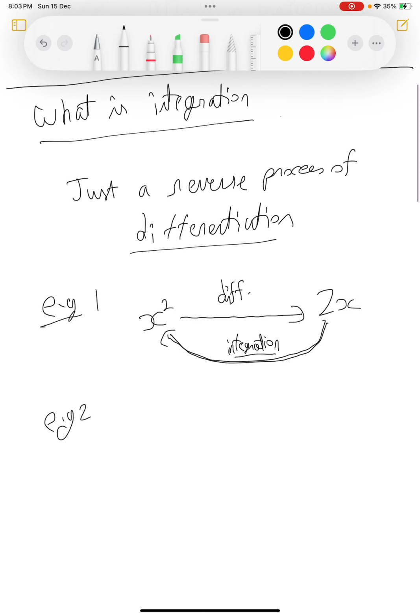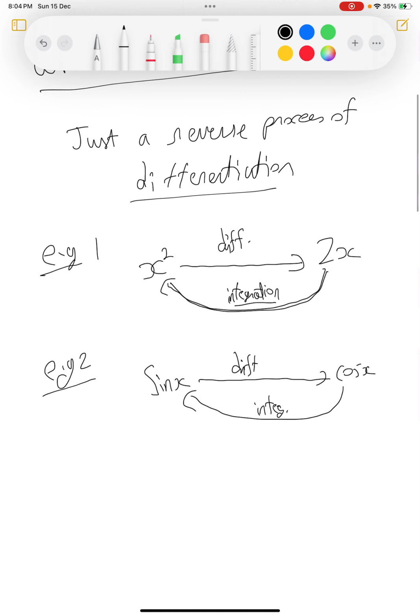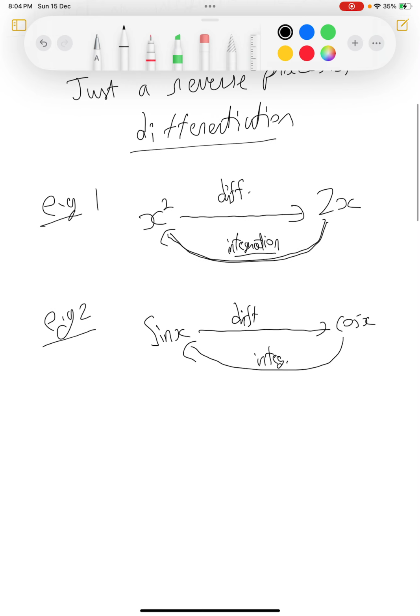If I have a function sine x, a trigonometric function, and I differentiate, I will get cos x. Now again my interest is to go back, so I will integrate. So integration is just a reverse process of differentiation.